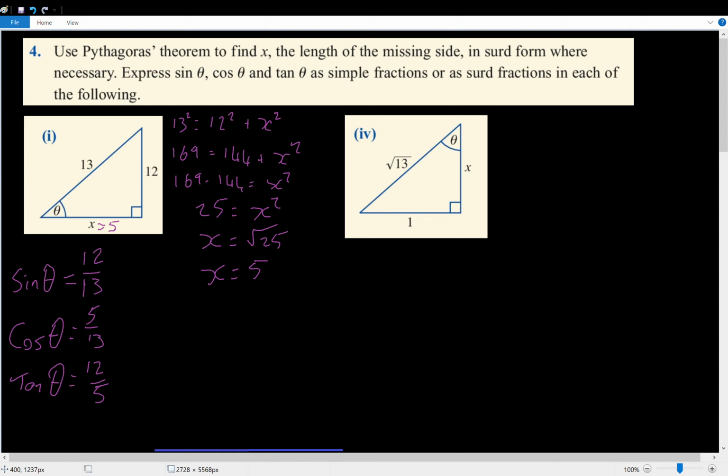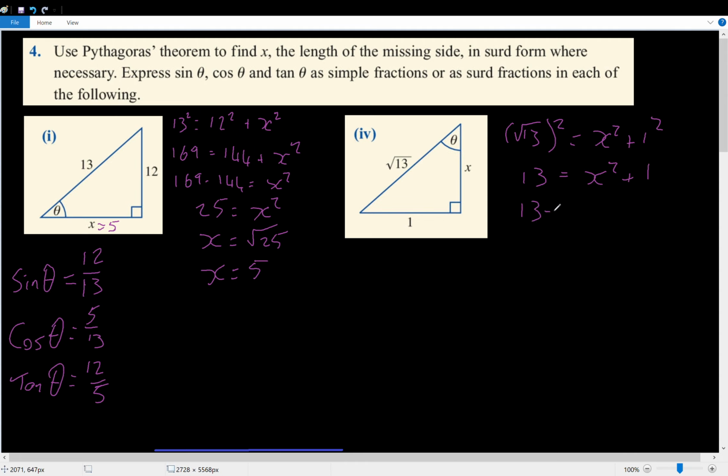Now part 4 is where we're going to see the bit from the question where it says in surd form where necessary, or as surd fractions in each of the following. So we'll use Pythagoras' theorem first to get our value for x. So it's going to be 13 squared is equal to x squared plus 1 squared, which means 13 is equal to x squared plus 1.